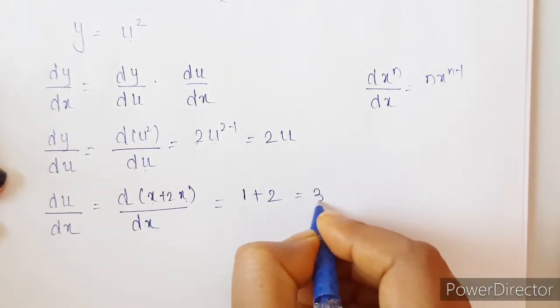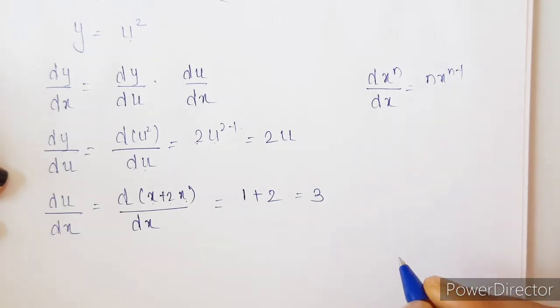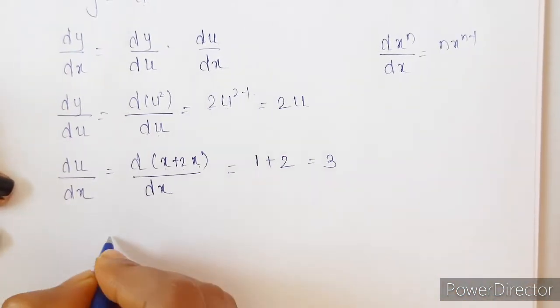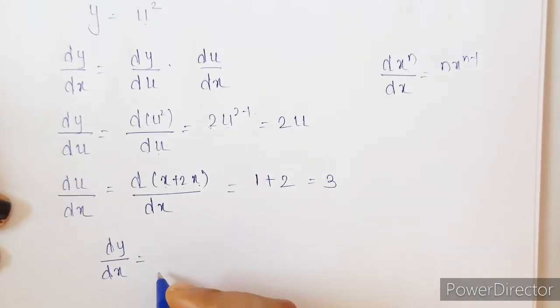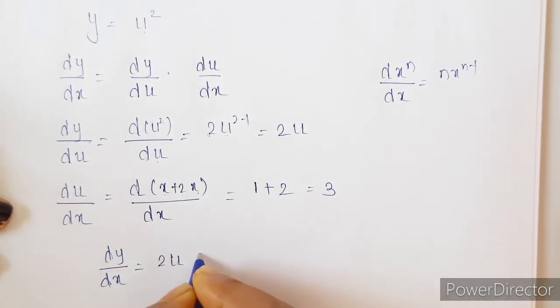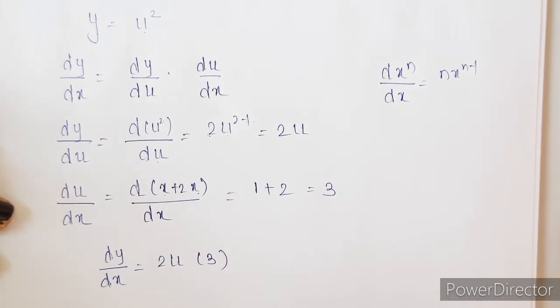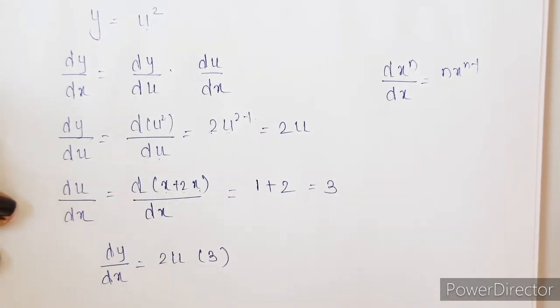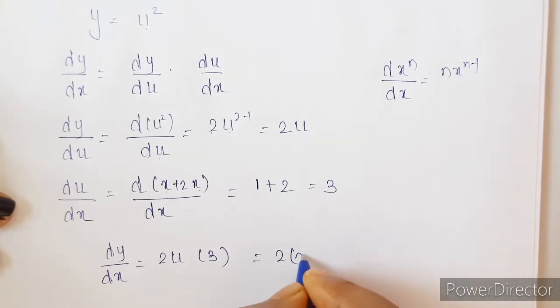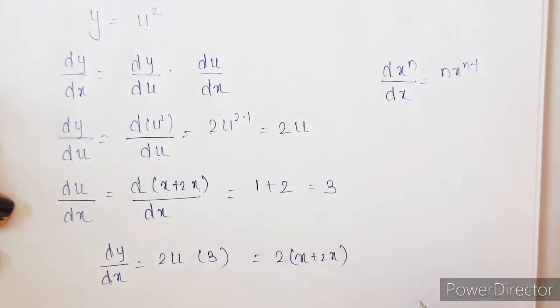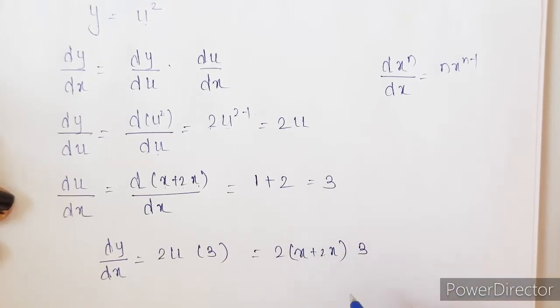So we can write this as 3. So altogether, the derivative of y with respect to x can be written as 2u multiplied by 3. What is u? u is x + 2x, and this is 3. So we can write this as 6 times (x + 2x).